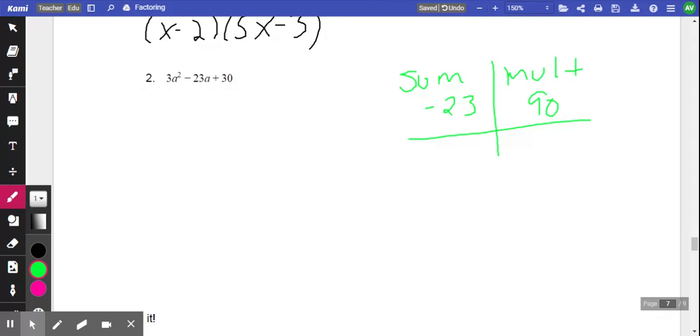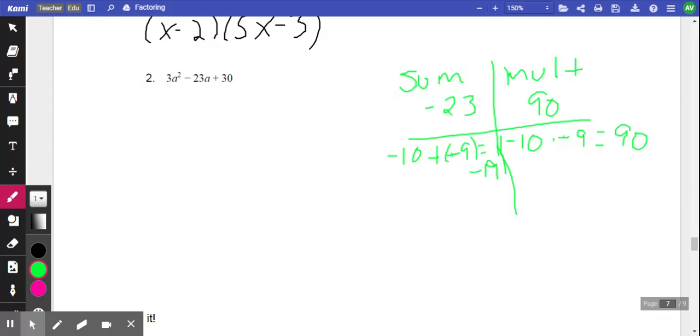What are some numbers that go into 90? Well, 10 times 9 works, right? And since the sum is negative, I know they're both going to be negative. So -10 times -9 is indeed positive 90, but if I add them together, we get -19. So that doesn't work. We need a different number.